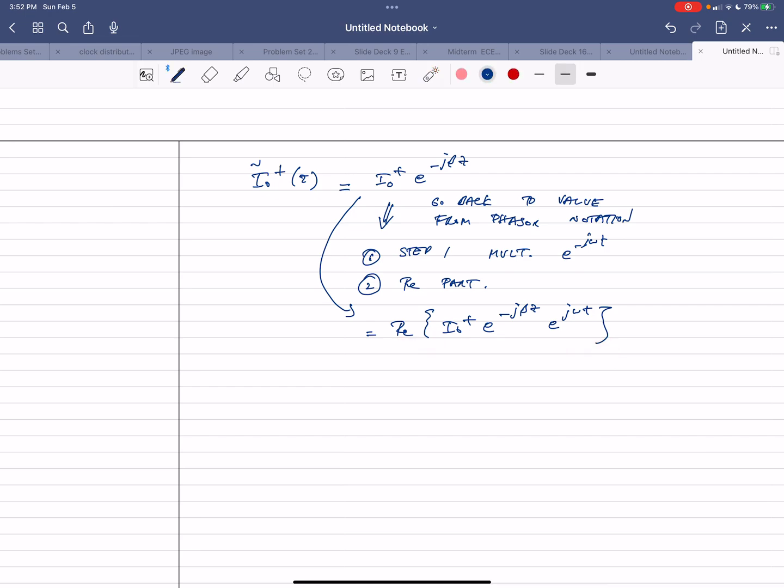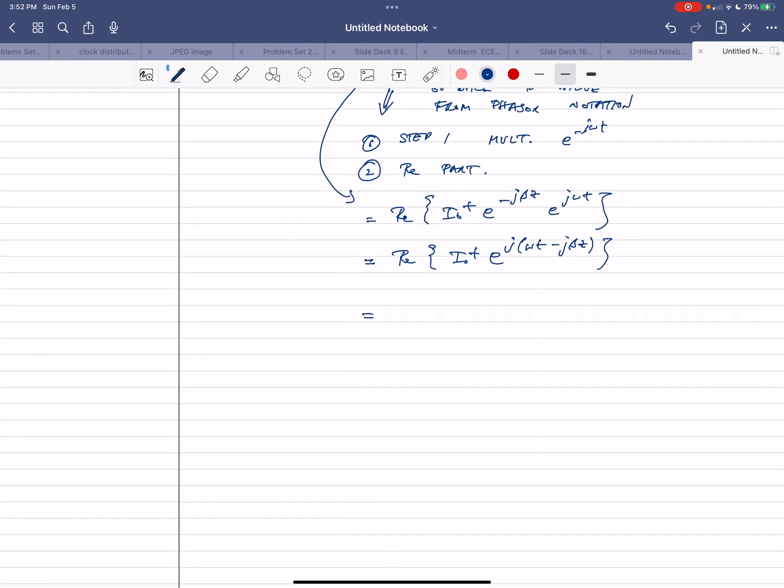That's equal to the real part of I0 plus e to the j omega t minus j beta z, which equals the real part of I0 plus times cos of omega t minus beta z plus j sine of omega t minus beta z.